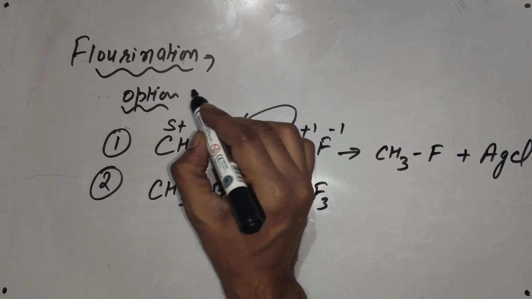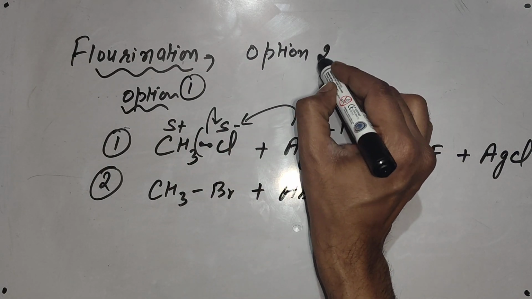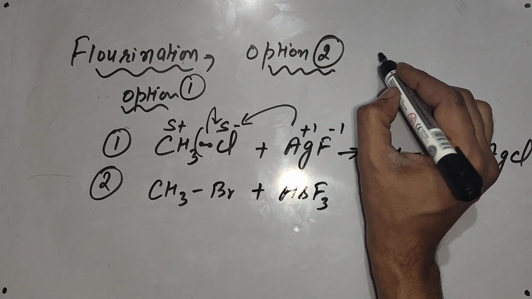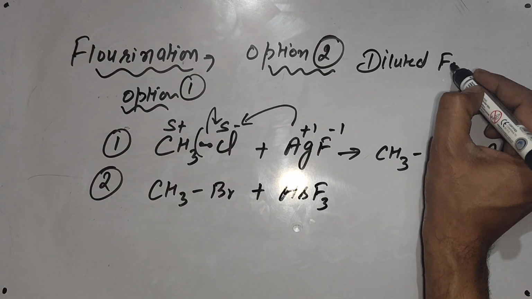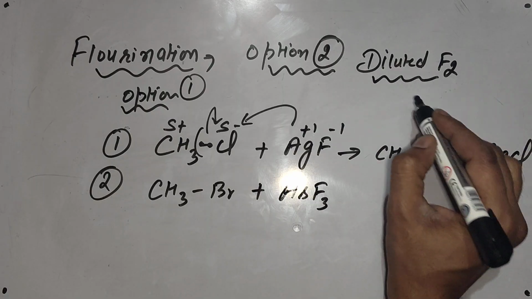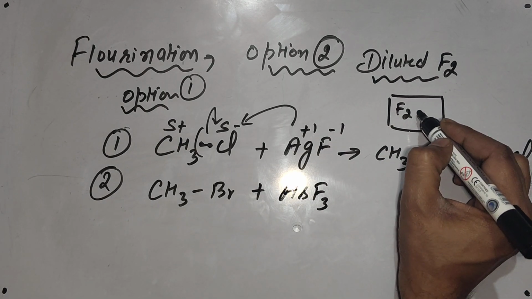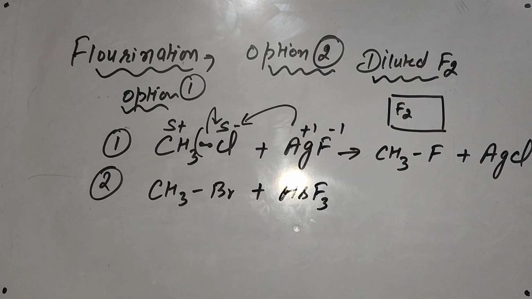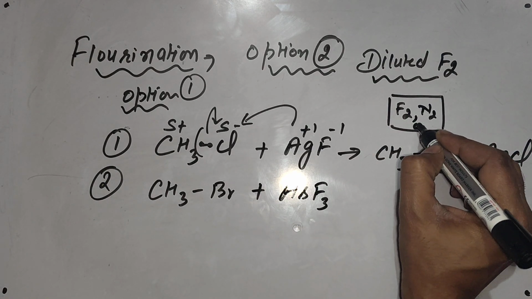The second option is you can use diluted fluorine. Diluted fluorine means in a container with fluorine molecules, we add some more gases like nitrogen or argon.